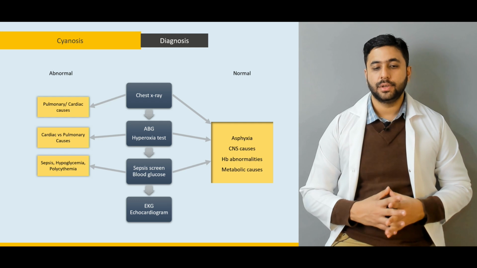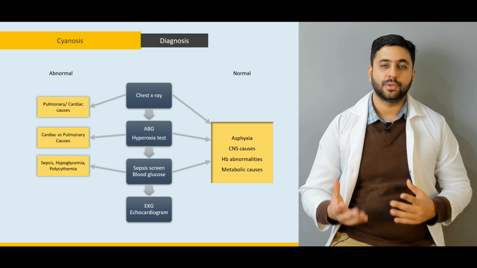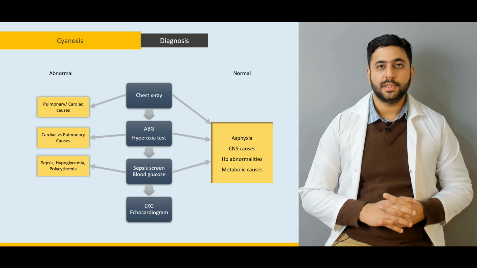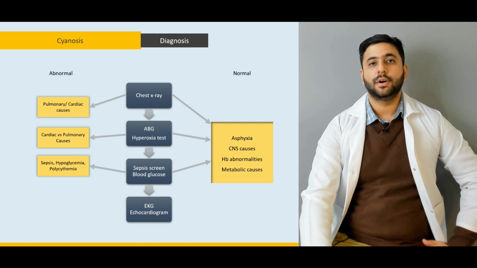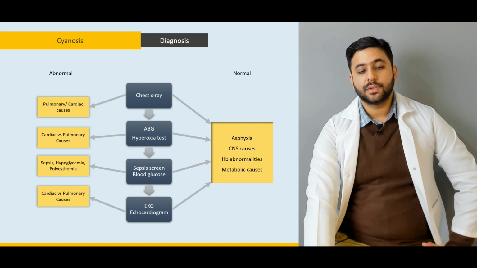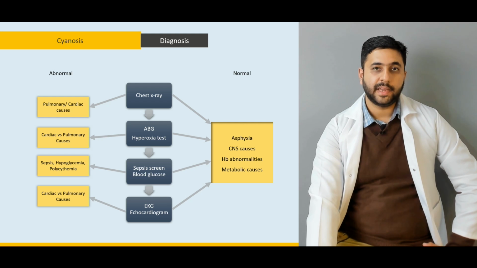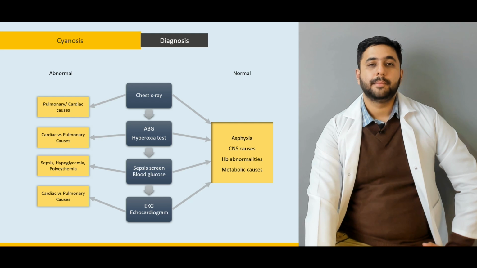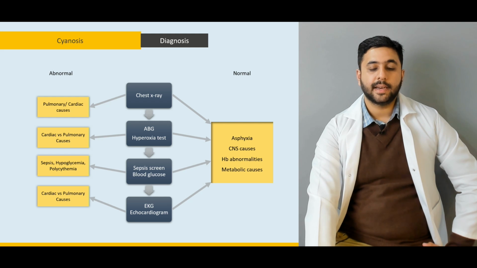And polycythemia can also be shown, if we do a blood CP of these patients, we can have a good idea of the overall RBC concentration as well. And the EKG gives us a good indication of what is going on at the level of the heart, if there is decreased cardiac contractility, be it because of any arrhythmia or any infarction, so that we can catch it in time with the help of an EKG.